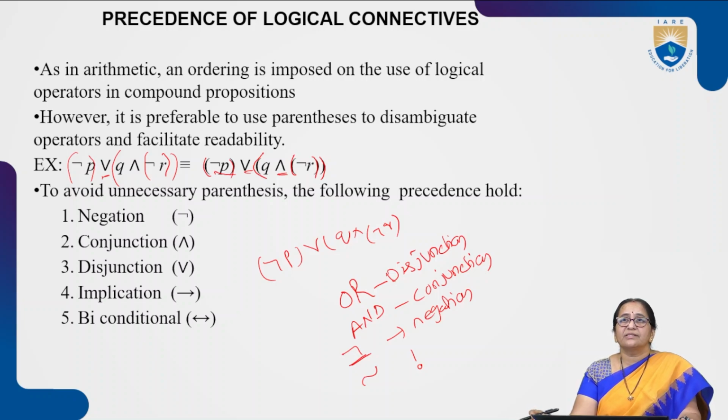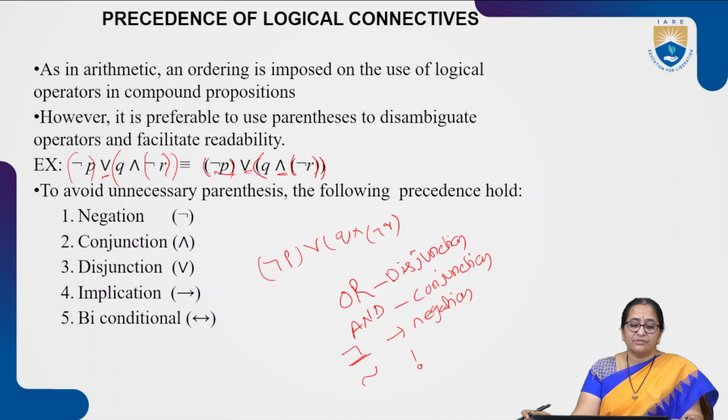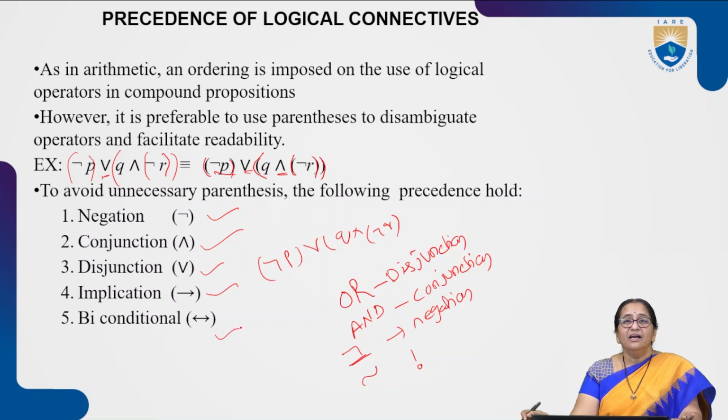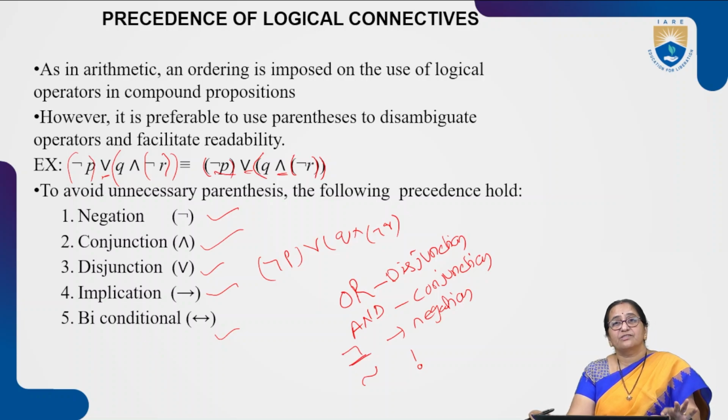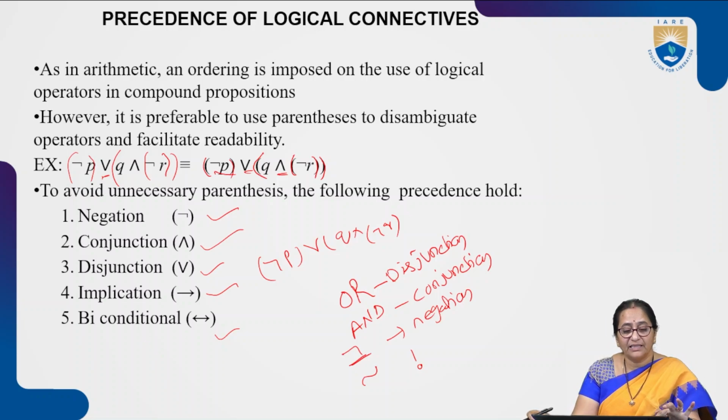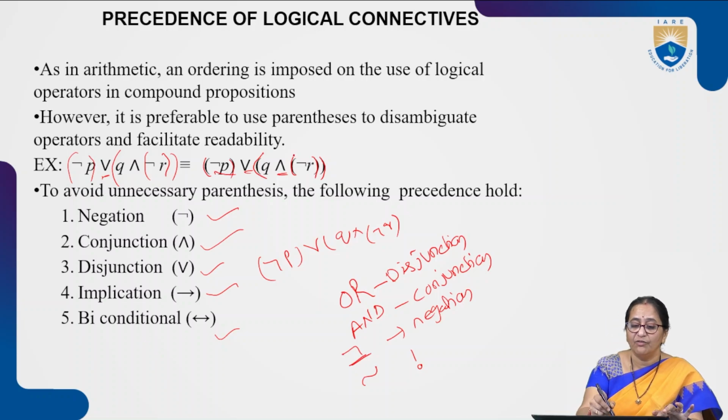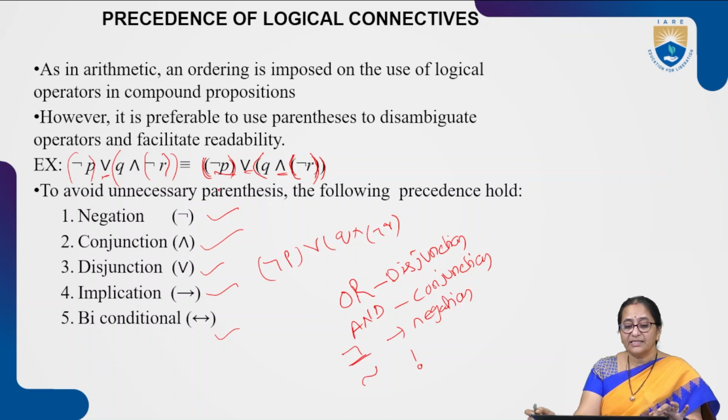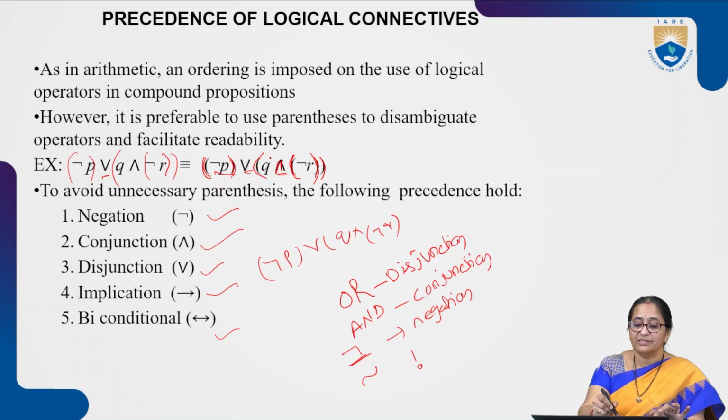Here we need to follow a precedence rule. First we apply negation, next conjunction, next disjunction, next implication, and next biconditional. To follow the precedence rule, first we apply negation to R or to P. Next, conjunction connects the two.